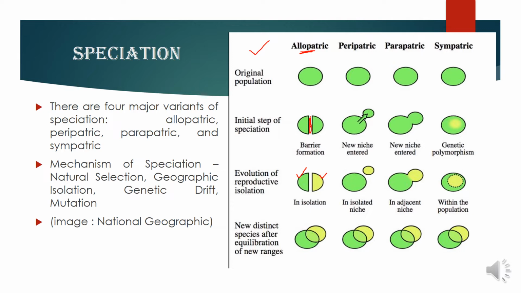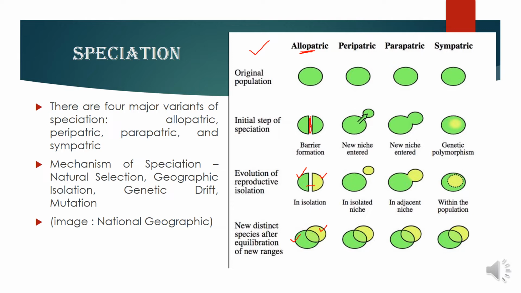Also, due to this barrier, there is no flow of genetic information, there is no reproduction between these two populations. So each of these populations develops into a new species. When there is a barrier and new speciation is formed due to lack of genetic interaction or lack of reproduction, this type of speciation is called allopatric speciation.